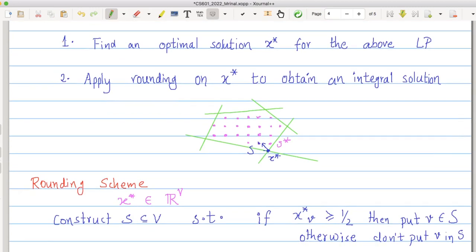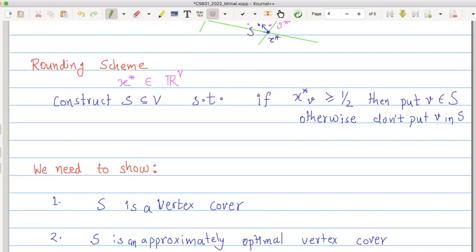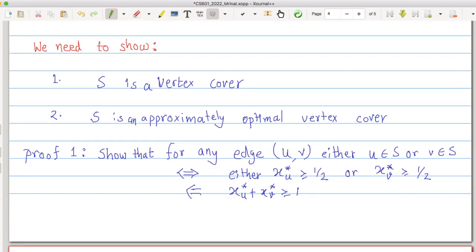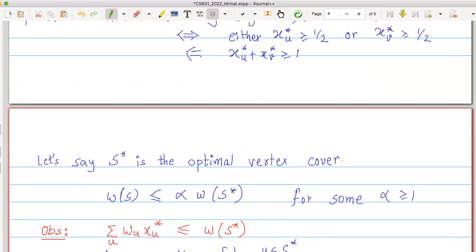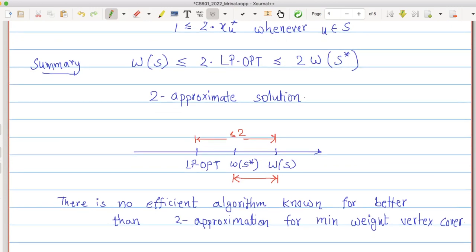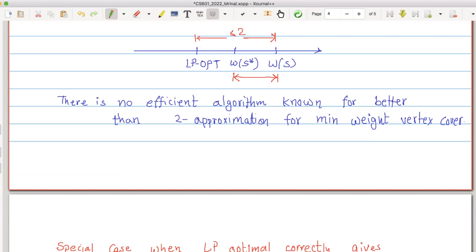That's also crucial. That's not always obvious how to do it. In this example, it worked out that a simple rounding scheme was good for us, but it might not always be true. So that's also a place where you need some design technique, right? How to do that. Yeah. So that's all about designing approximation algorithms using linear programming.